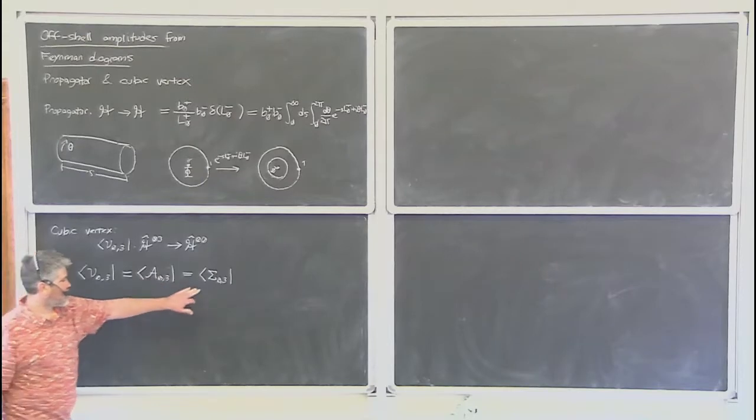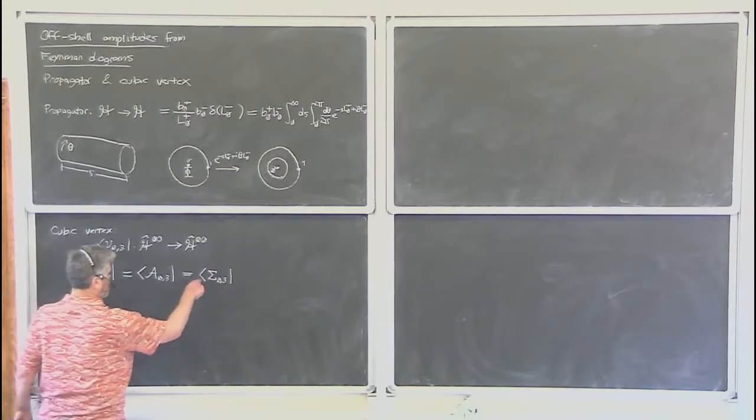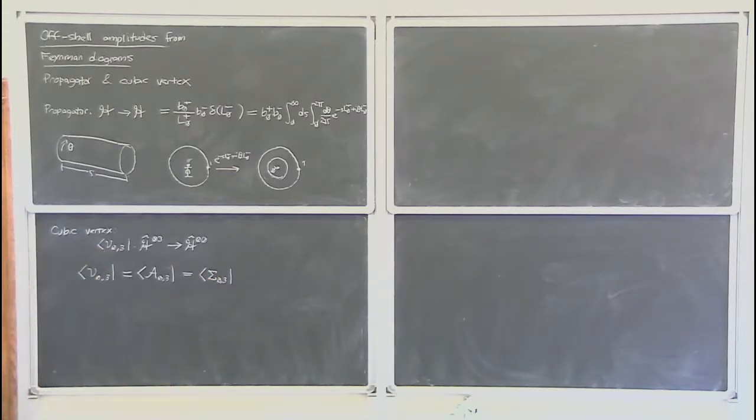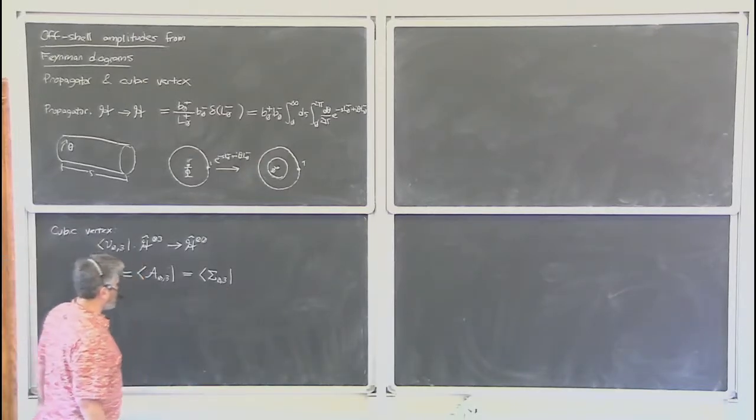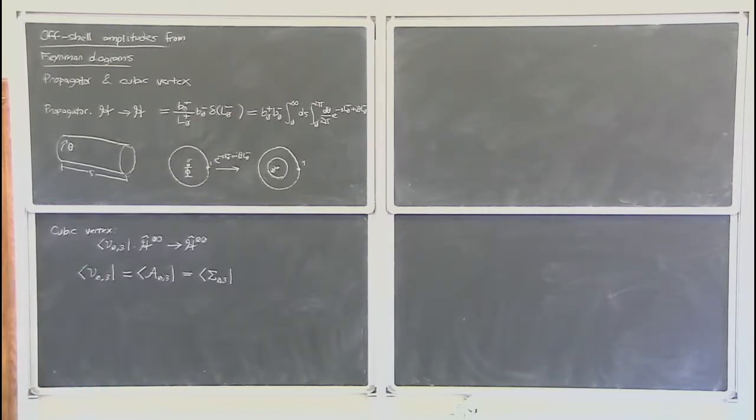And sigma is the surface state, and usually this surface state needs to be integrated with some B ghosts. But in this case, it's not integrated with B ghosts because the moduli space of the 3-punctured sphere is 0-dimensional. Okay. So A is not truncated on the external legs, while V is truncated.